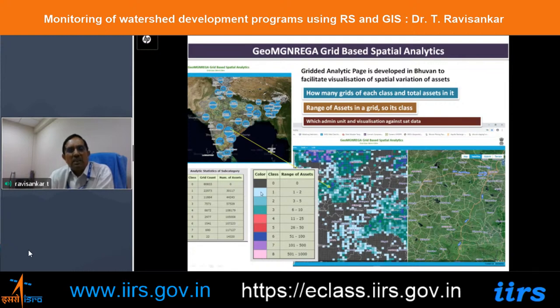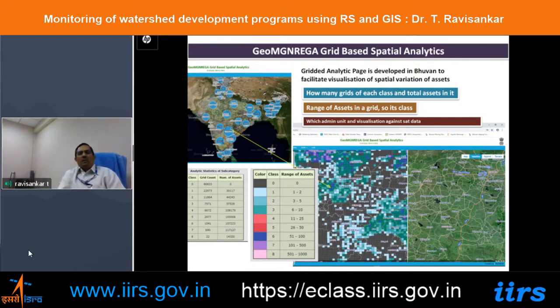Suppose, for example, this light blue is there. So in these light blue grids, it will have 1 to 2 assets, the Manrega assets. And since it is on the Bhuvan background platform, you can have the administrative boundaries, you can have the satellite data, and you can visualize where exactly these assets are created, and what is the background information.